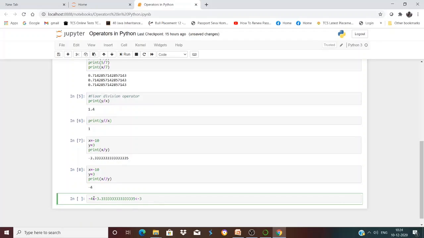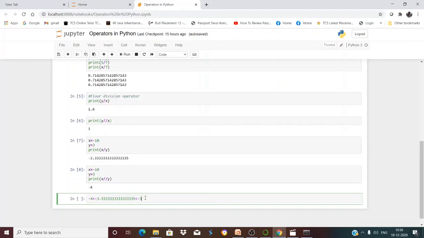Between these two integers, -4 and -3, -4 is the integer which is less than the division result. So that's why the result of the float division operator will be -4.